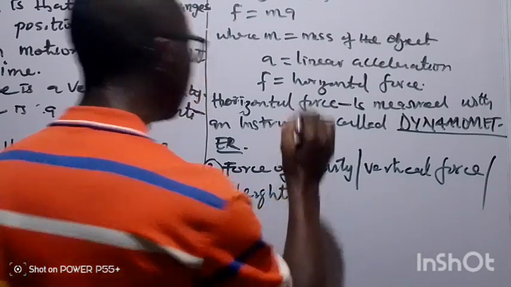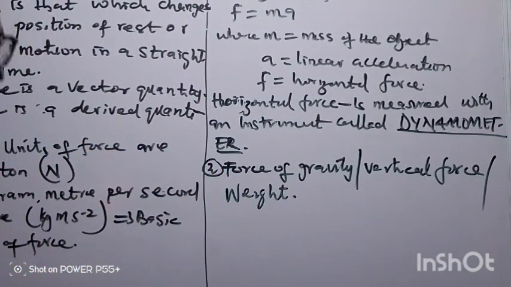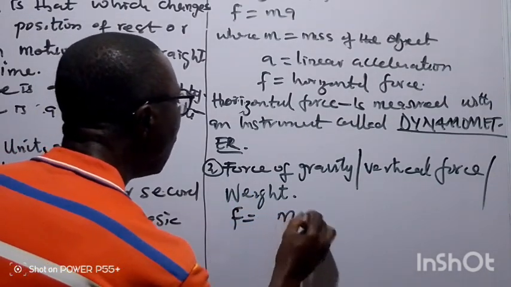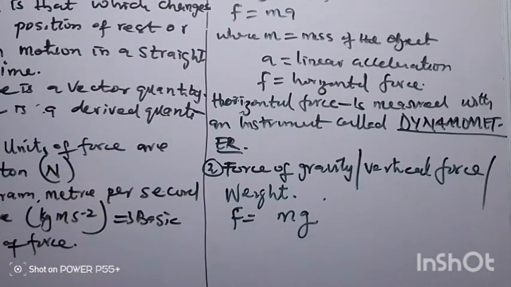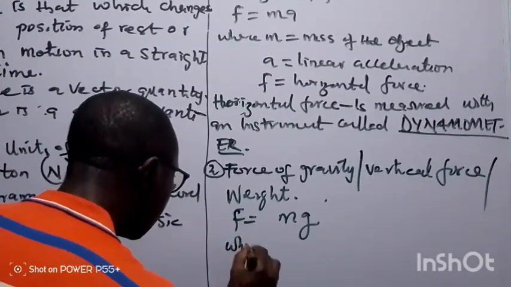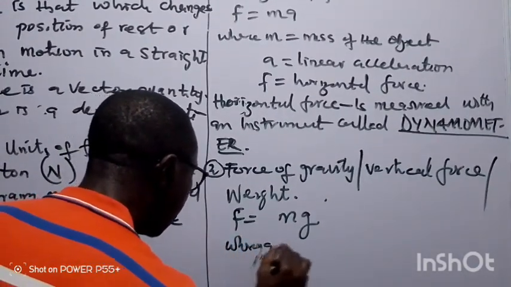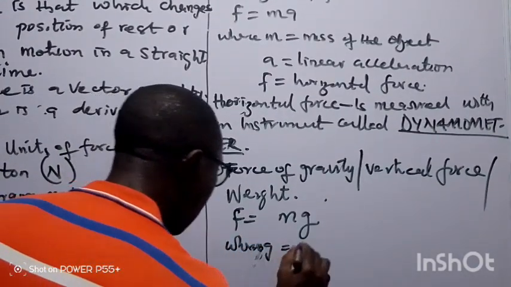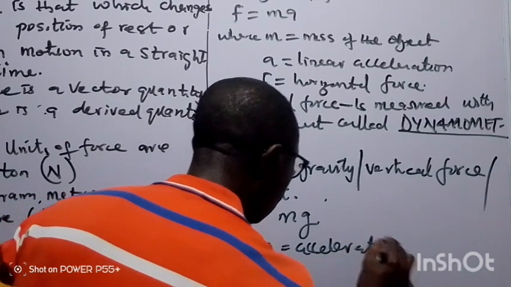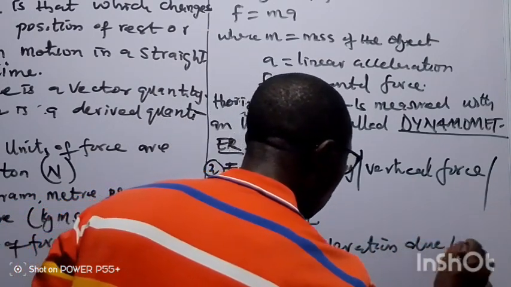And for this one, the magnitude is given as F = mg, where m is the same as we have defined above, but g is what? g is equal to acceleration due to gravity.